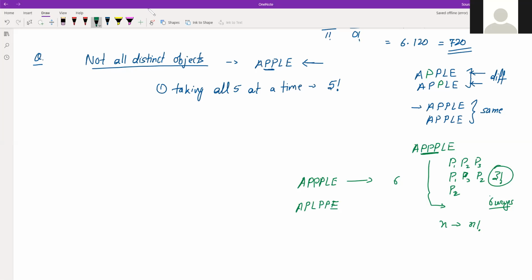Again, here you will get 6 different arrangements for this, and if it is this, again you will get 6. So for every arrangement, there are 6 duplicates. So you can simply divide it by 6.